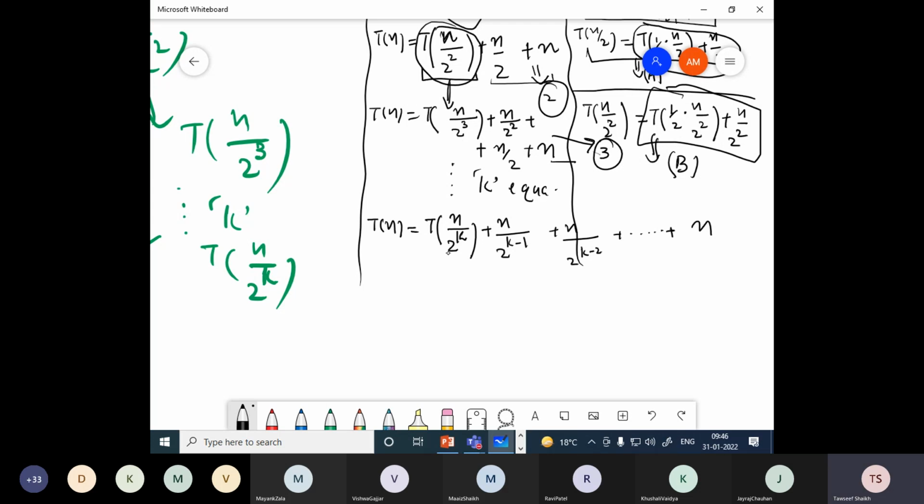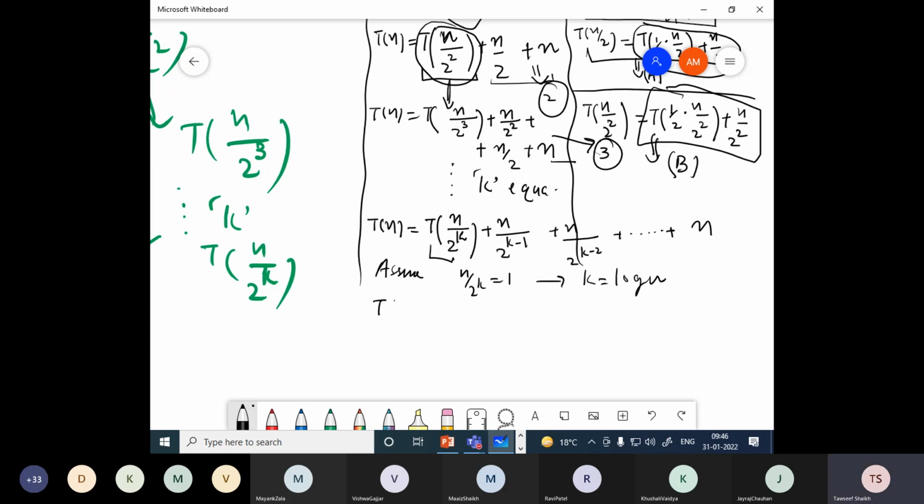So again, to make it equal to T of 1, what we assume is that n by 2 to the power k should be equal to 1, which will again give us k equal to log of n.